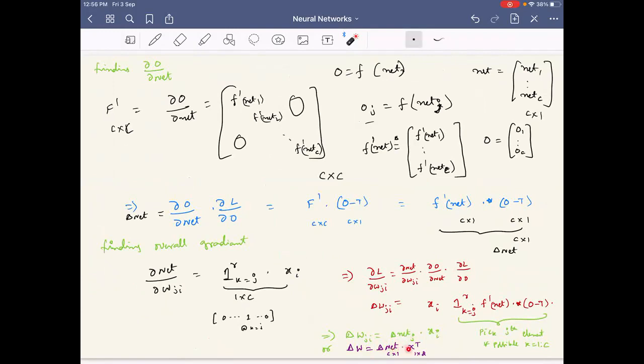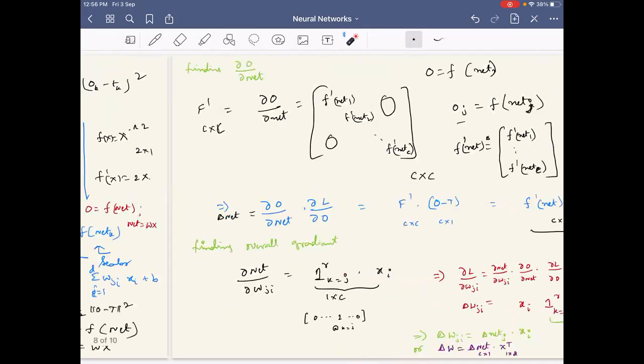So we conveniently write it in matrix form as delta W equals delta net into X transpose, where we are picking the jth row and ith column. That is what is happening here, in matrix form.